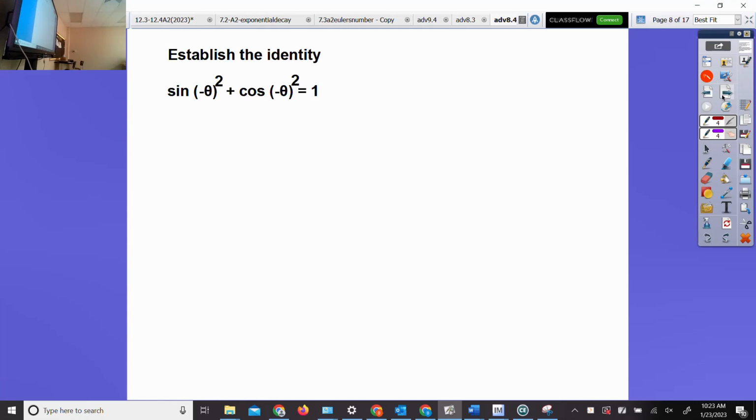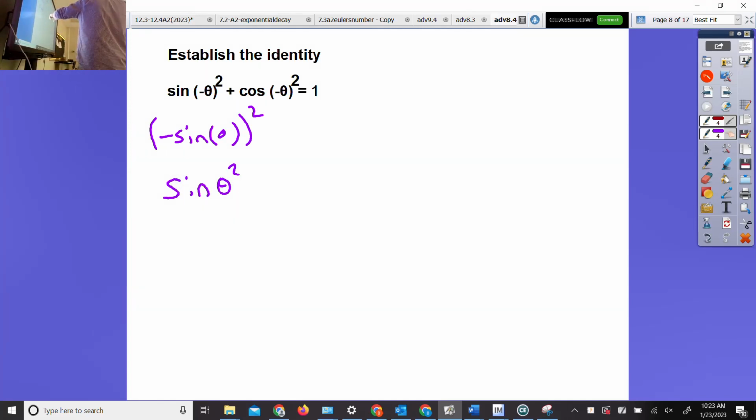What happens to a negative when you square it? It becomes positive. So what is the sine of a negative theta squared? Just sine squared, isn't it? What you're supposed to do is think like this: negative sine of theta all squared. What's going to happen to the negative sine when you square it? Positive.